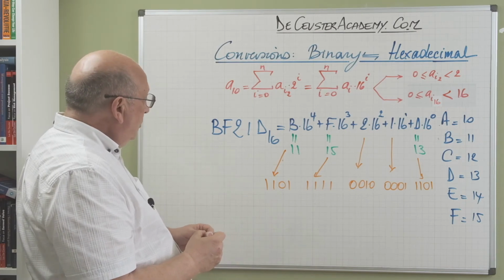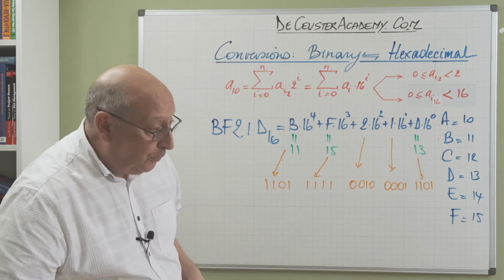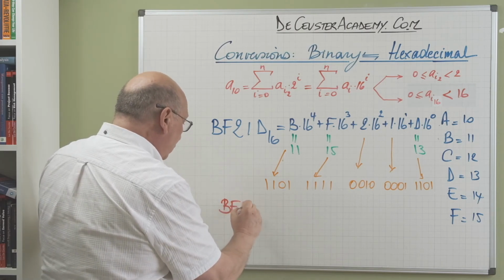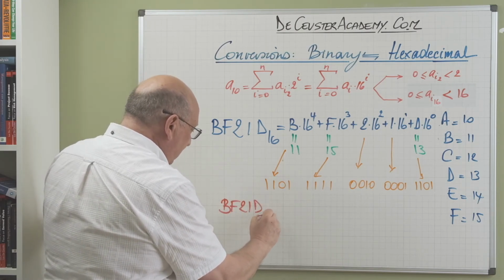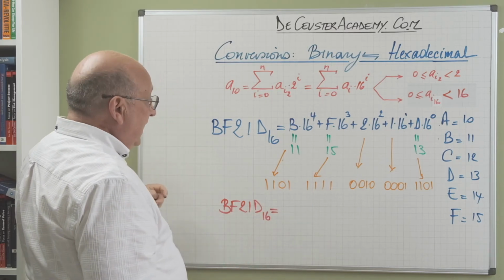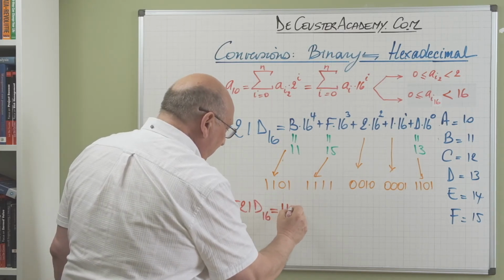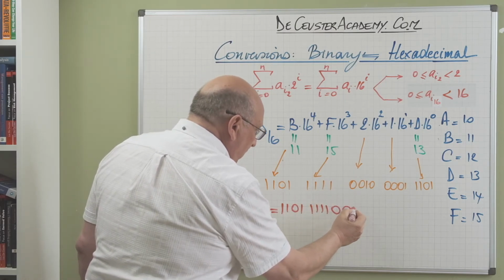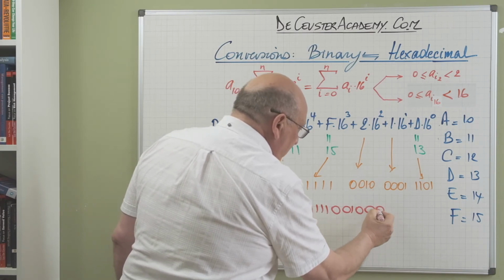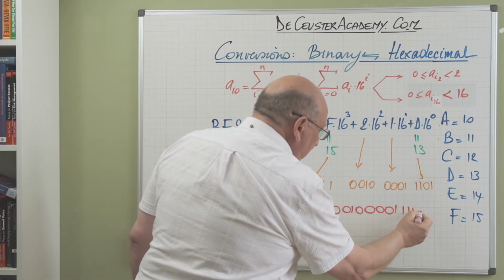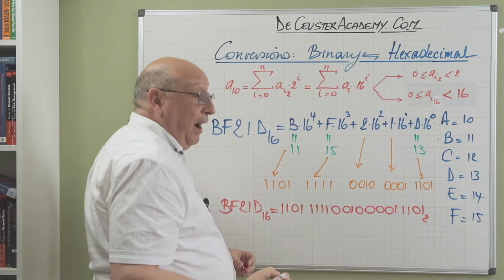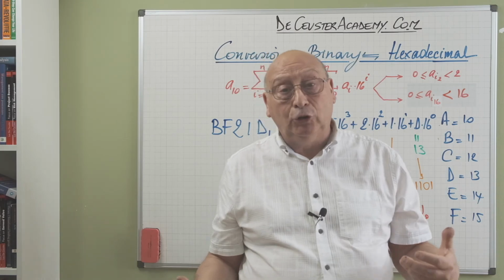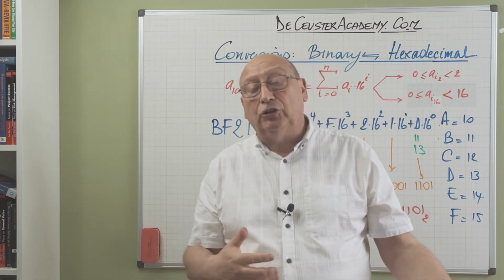So now we have the equivalence between the two numbers. BF21D in hexadecimal notation is equal to 1101, 1111, 0010, 0001, 1101 in binary notation.